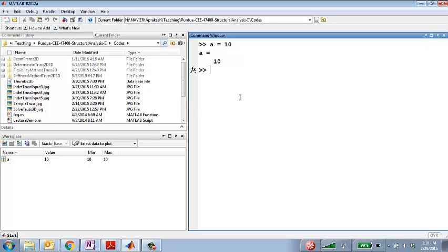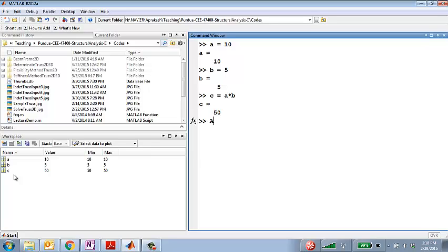I could similarly say b is equal to 5 and c is equal to a times b. So by doing all of this, I'm creating variables in the computer's memory on which I can do operations, simple arithmetic operations. I can also create matrices in Matlab.